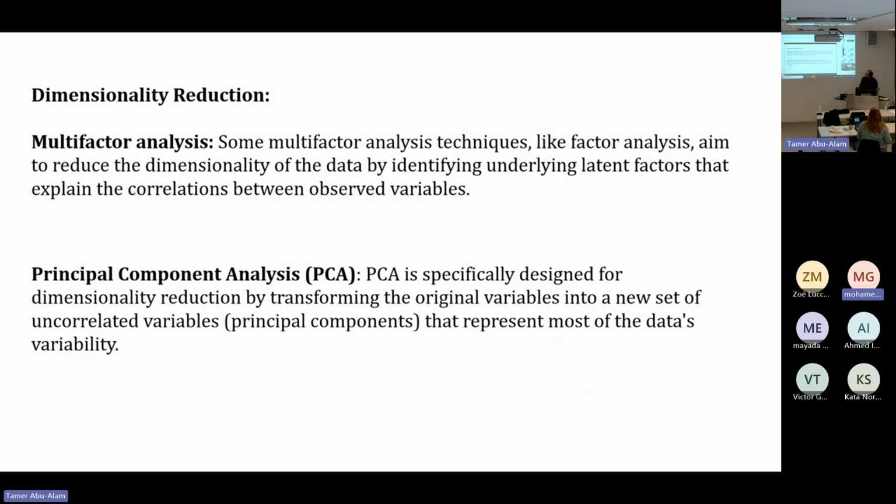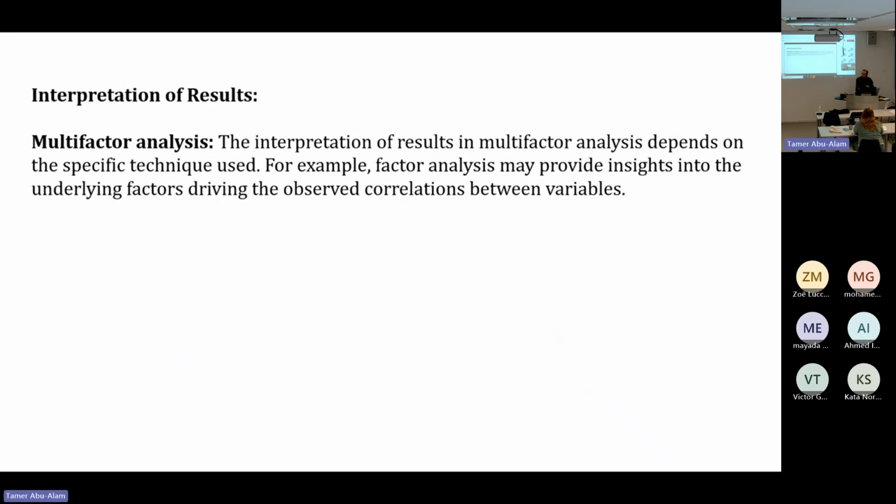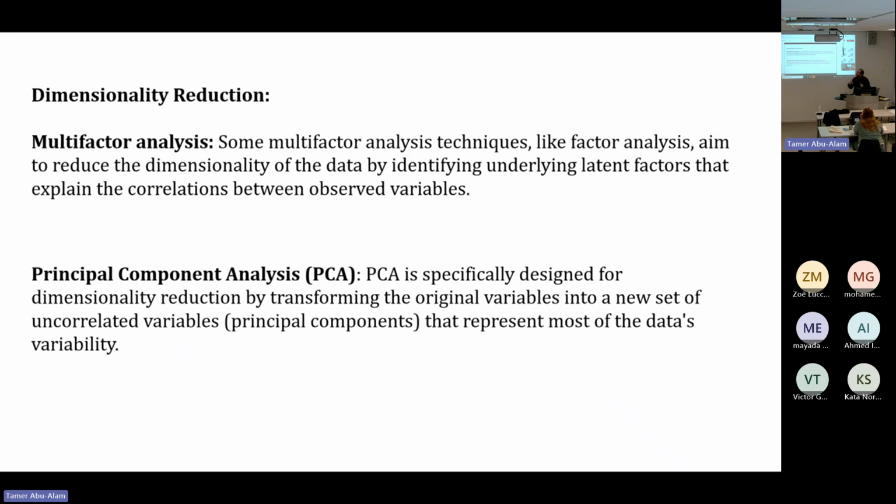Principal component analysis is specifically designed for dimension reduction by transforming the original variables into a new set of uncorrelated variables, principal components, that represent most of the data variability. The rest is theoretical background, so you can read it, but we need more about how we make it.